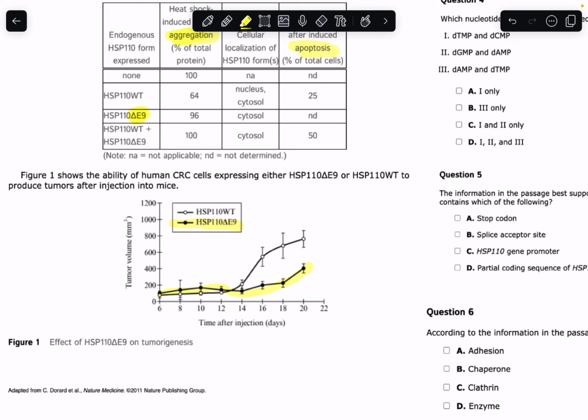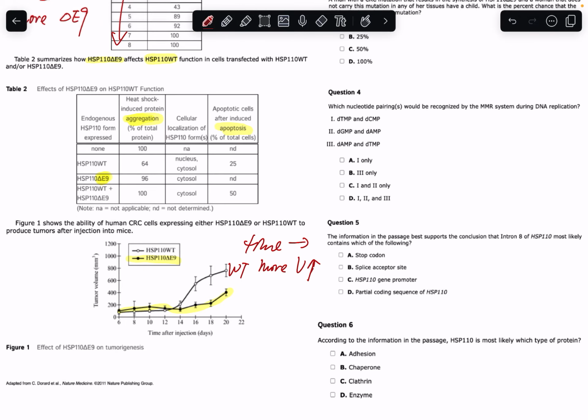So what we can say as time goes by, which one has a greater increase of the tumor volume, right? It's the wild type, right? This wild type has a greater volume increase. Okay, perfect. So that's all I get from figure 1. Okay, and then now I can move on to the questions.